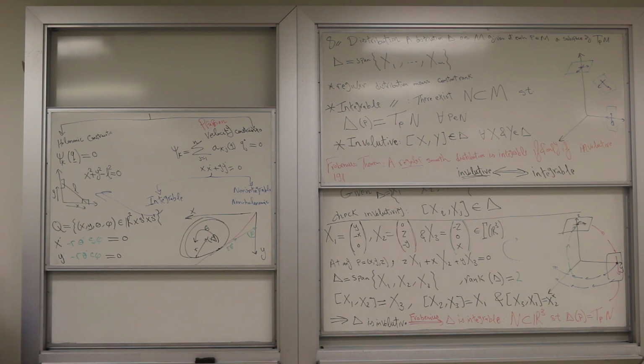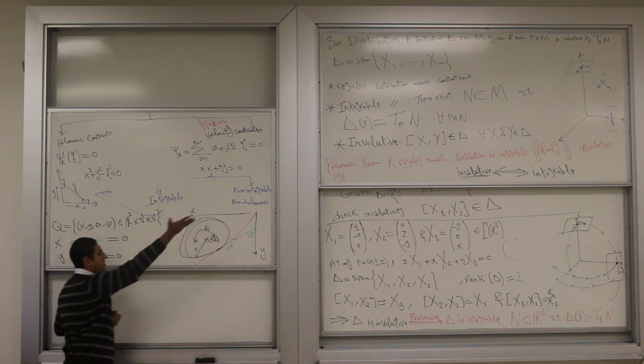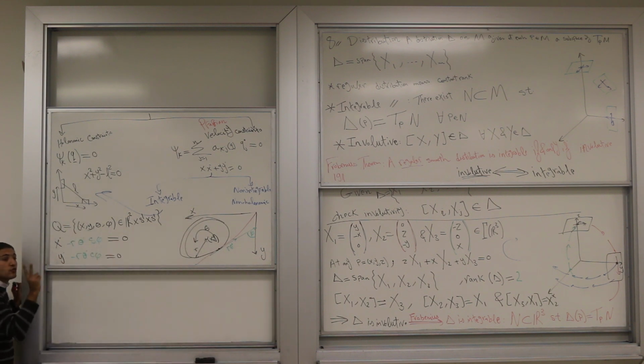So the question now is that I have a 4-dimensional manifold. I have a system of 4 degrees of freedom, subject to 2 constraints. So at each point, I am allowed only 2 free velocities, right? I cannot have 4 independent velocities. At each point in Q, in my configuration manifold, I'm allowed only 2 free velocities.